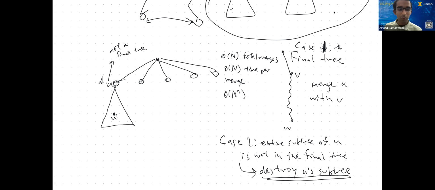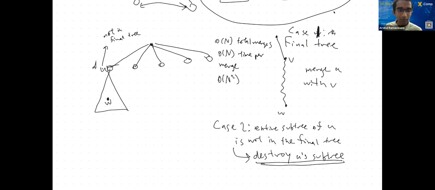So basically, let's just say we want to destroy U's subtree. We're better off merging all the other ones first, because when you merge, the numbers become larger. So there are better options for U's subtree to merge with, because these paths will become larger if you merge these first. So let's not worry about destroying U's subtree until the end.